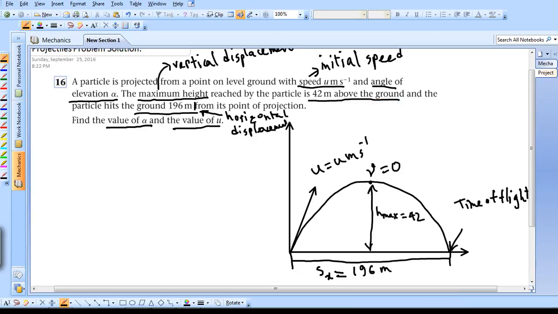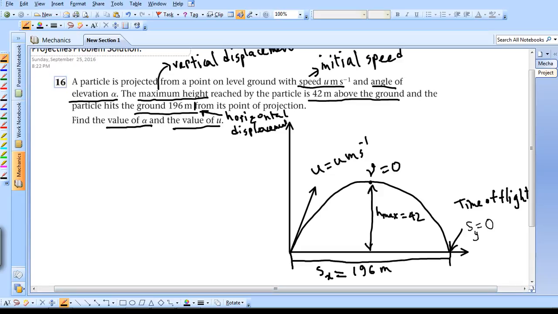Here the vertical displacement sy is 0. So this is the vertical displacement, which is 0.